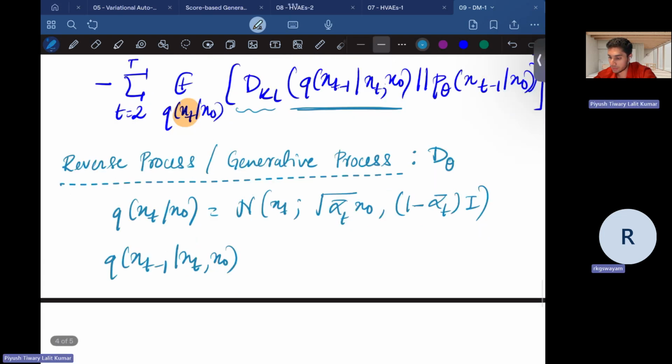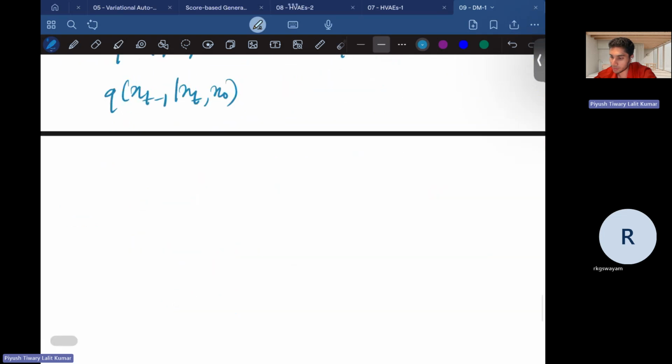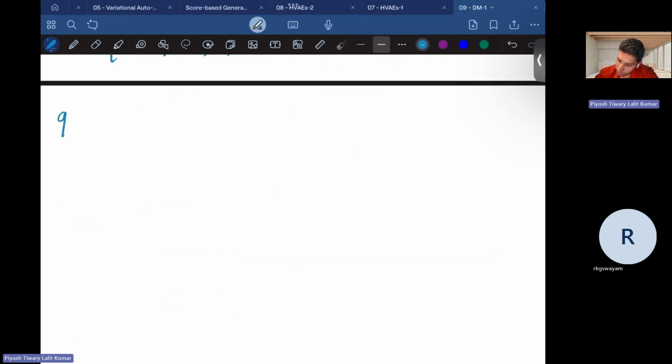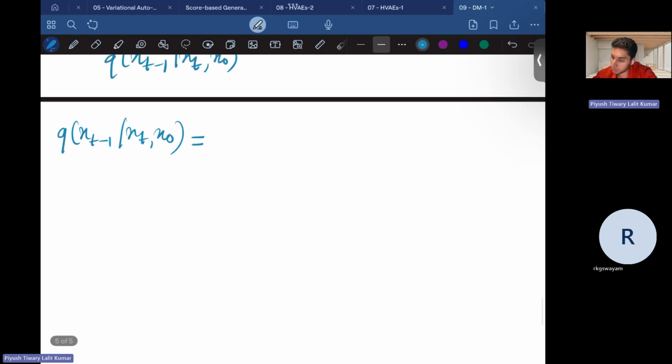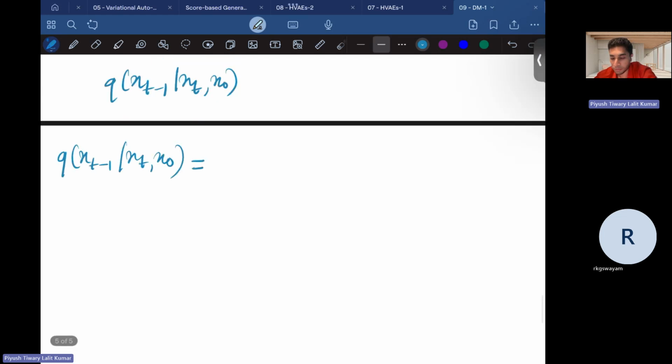So let's first derive this. We want to find q of xt minus 1 given xt comma x naught. Whenever you want to find something, write it in terms of what we know. That's the first step, and that's the thumb rule.